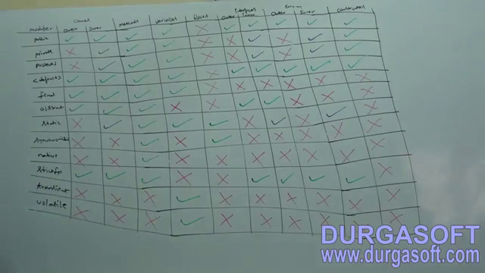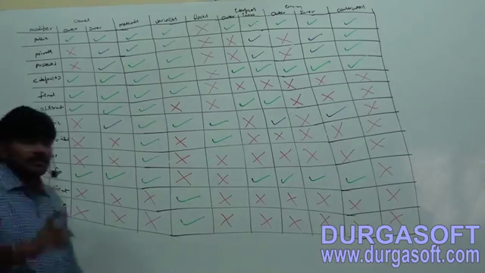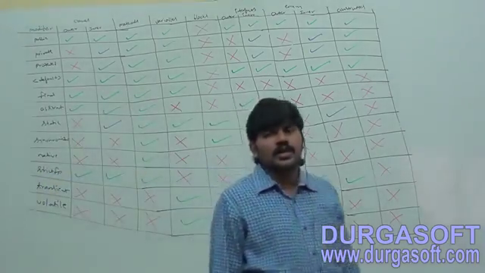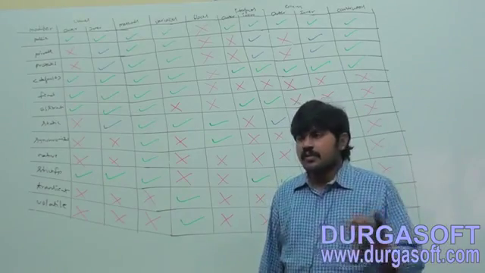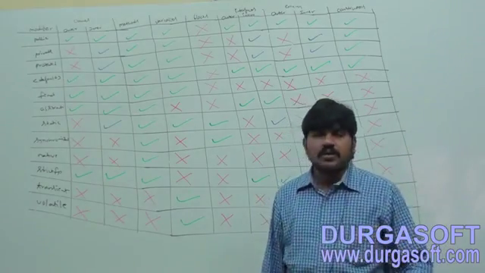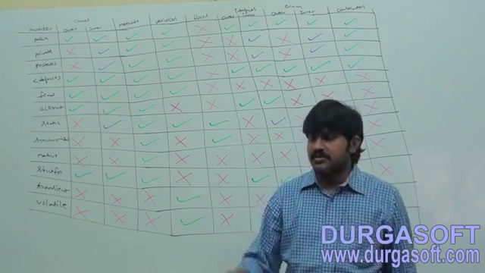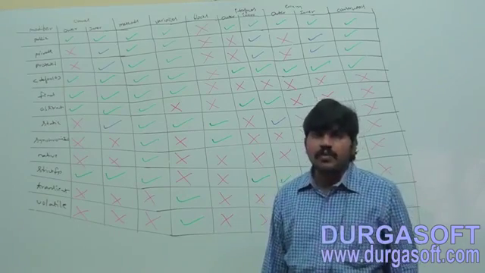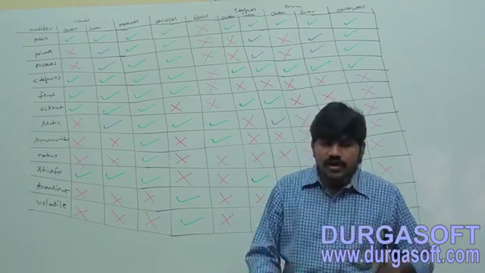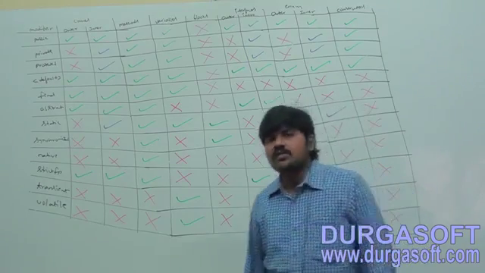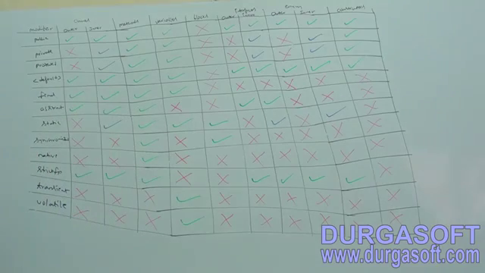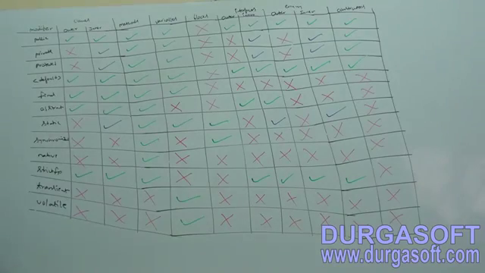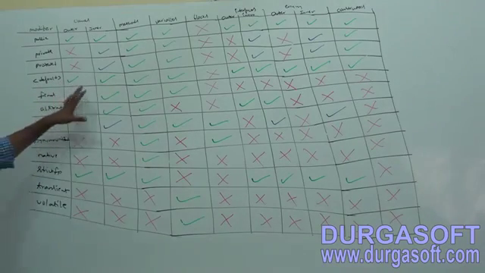Next one, the modifiers which are applicable for classes but not for enum. Can you tell which modifiers are applicable only for classes but not for enum?